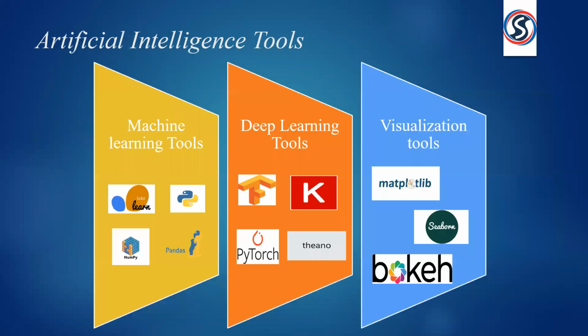If we talk about artificial intelligence tools, then we have machine learning tools like scikit-learn. We have one programming language. Then we have NumPy, Pandas. Because in the industry we mostly use Python, a highly dynamic programming language.